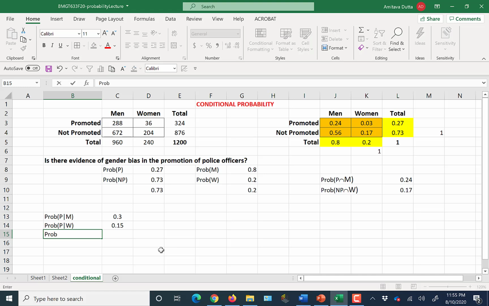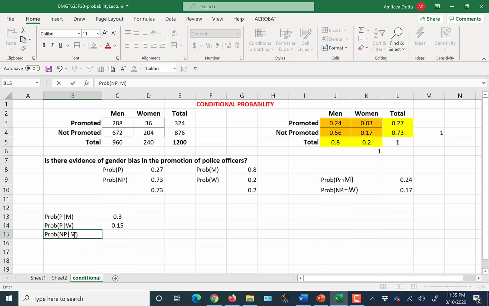The probability of being not promoted given that the officer is male. So once I tell you the officer, I'm picking an officer, but not out of the 1200 in total, only out of the men. So I pick a male officer at random. That means my denominator immediately becomes 960, not 1200.